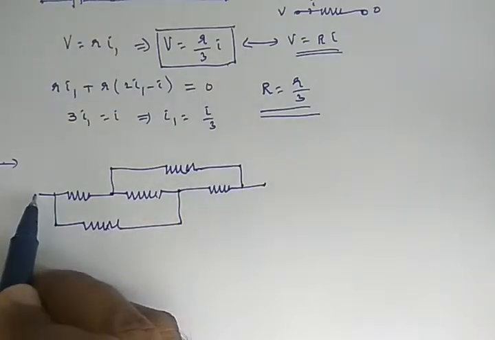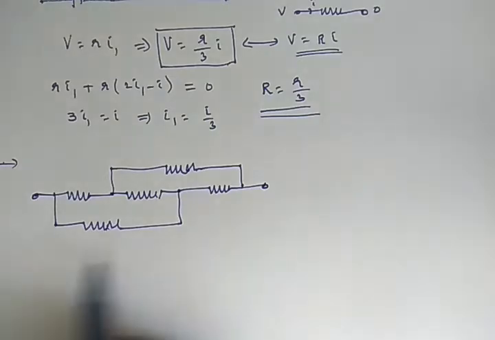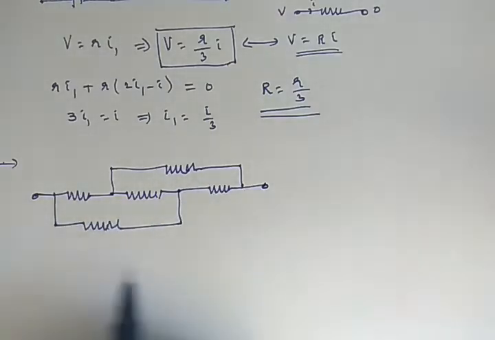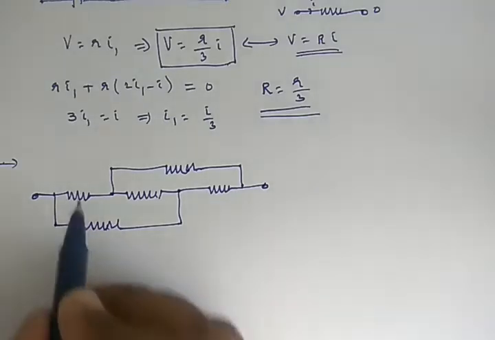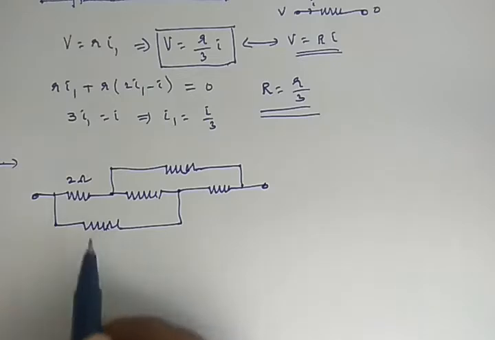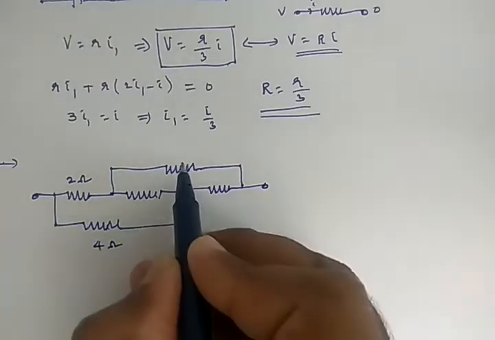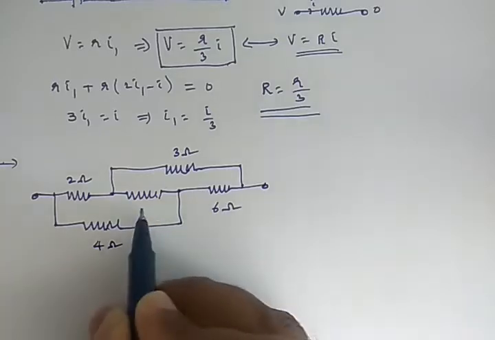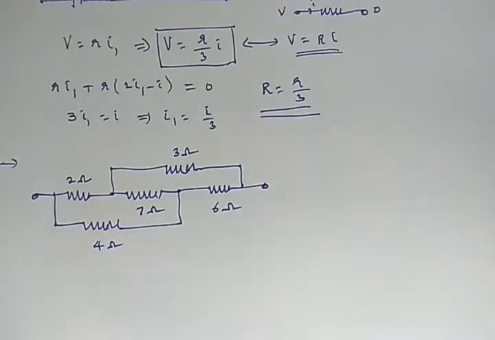Now we want to compute the net resistance of this circuit. Consider the resistance of this resistor is 2 ohm, this one is 4 ohm, this one is 3 ohm, this is a 6 ohm resistor and that is a 7 ohm resistor. Let us compute the net resistance of this circuit.